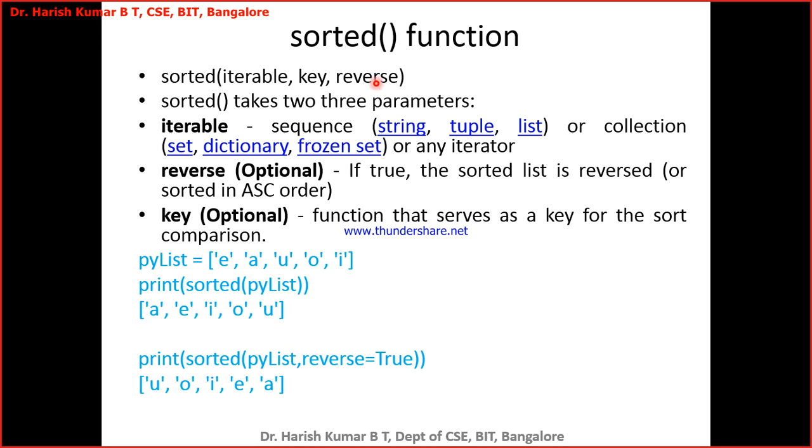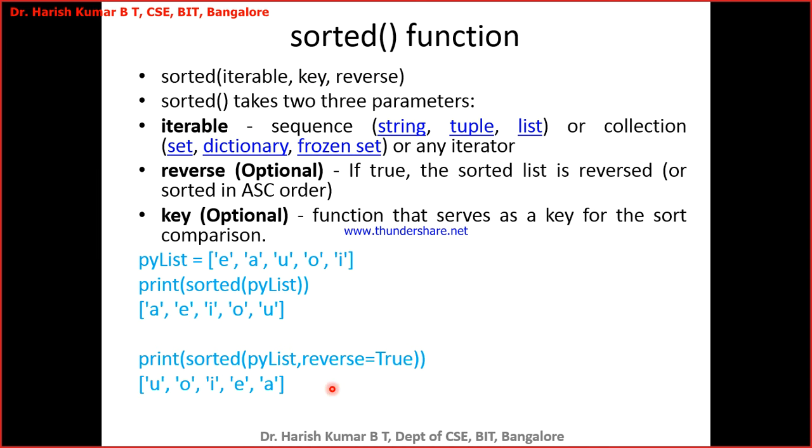And in case I don't want to sort based on the alphabetical order or the numerical order, either ascending or descending, and I want to follow some other pattern for sorting the given elements, then I can make use of the key.